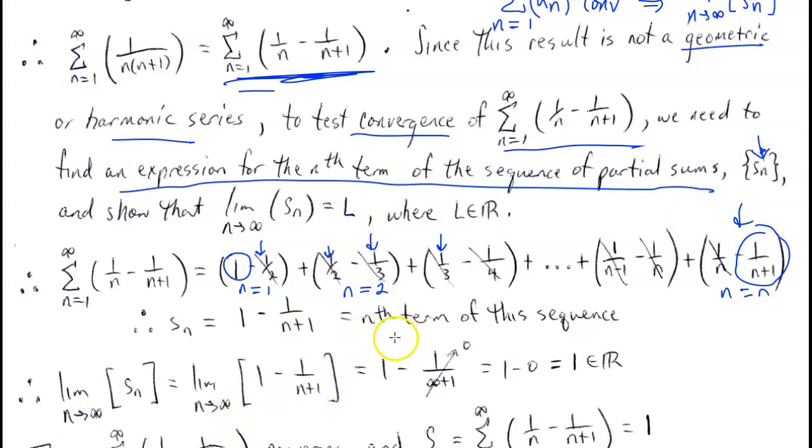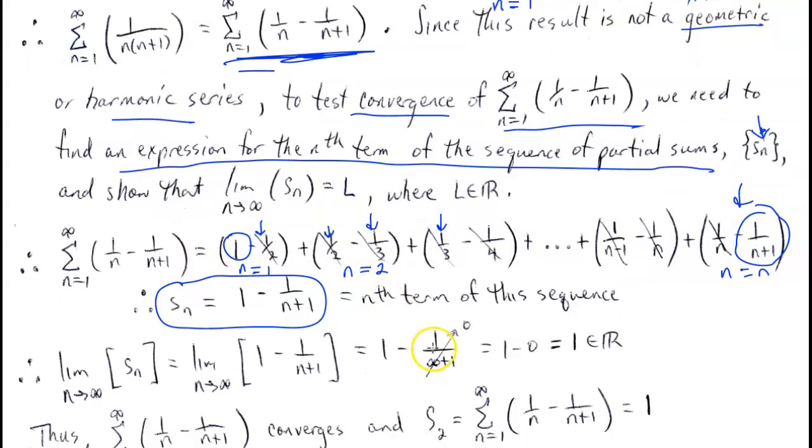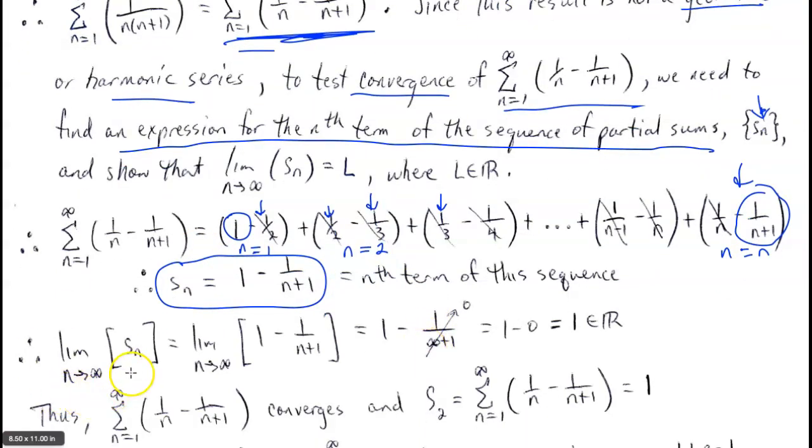So if we wanted to go for the nth term, we just know that it's going to be 1 minus 1 divided by n plus 1. And so this would be our nth term of our sequence of partial sums. And so now if we take the limit of this sequence of partial sums, we see that it actually ends up equaling a real number.